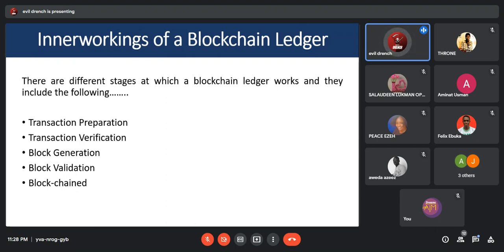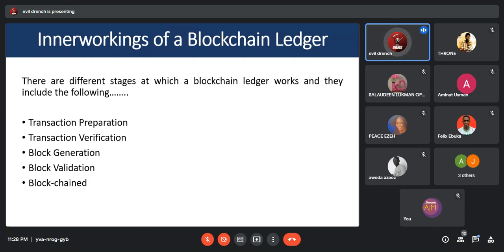Whenever a block is being created on a blockchain, right, that particular node that created that block is rewarded with Bitcoin, and that's because they are solving some complex mathematical problem underneath.